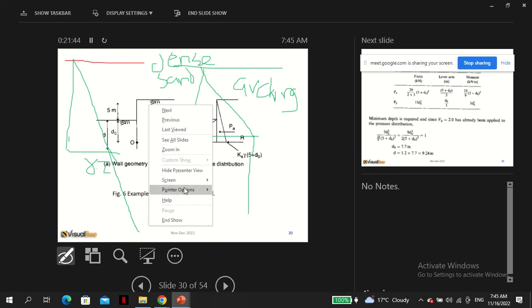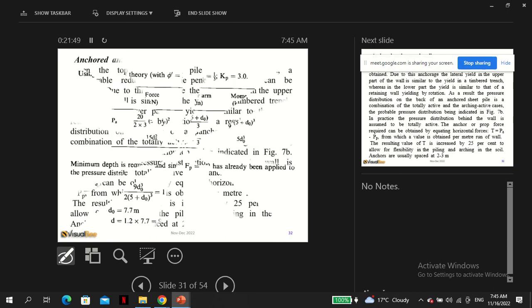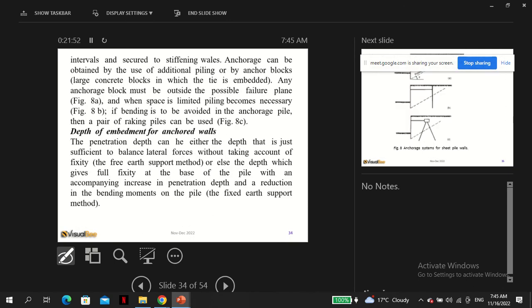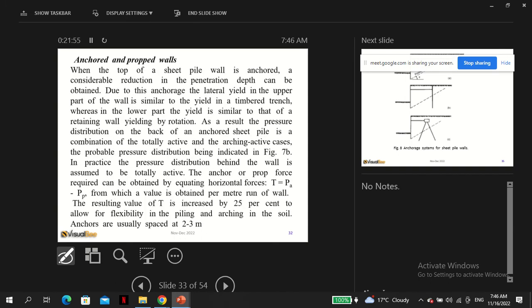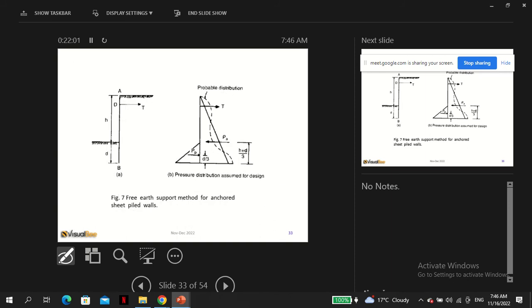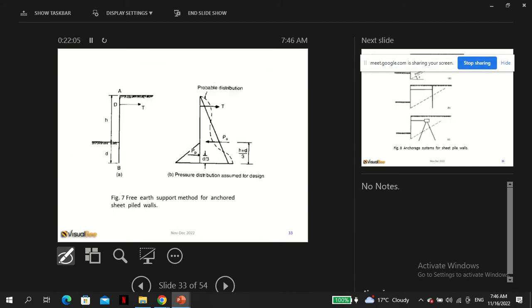So once you calculate the anchor forces, due to the arching and also flexibility, you increase that force by 25%.